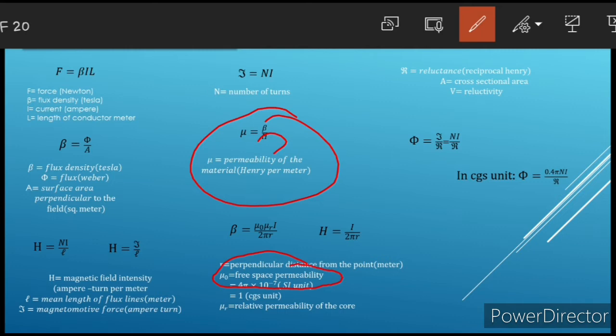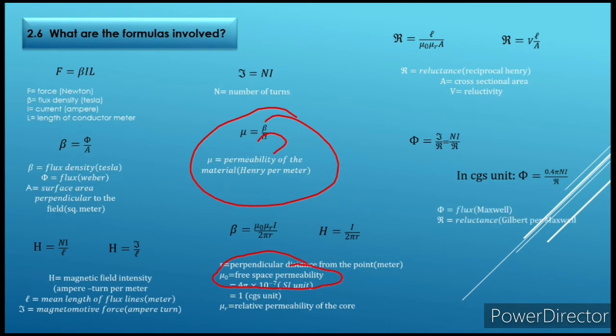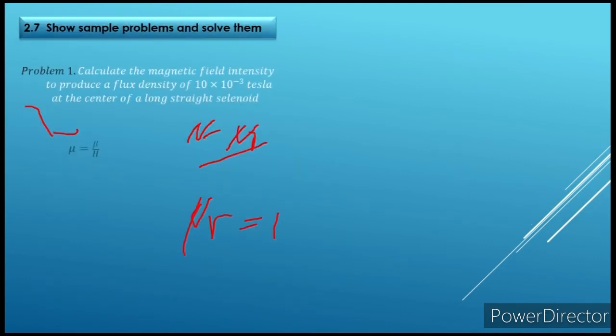Let's substitute the given to our formula. We get magnetic field intensity is equal to the value of flux density, which is 10 times 10 raised to negative 3, over the value of relative permeability, which is 1, times the value of free space permeability, which is 4 pi times 10 raised to negative 7.